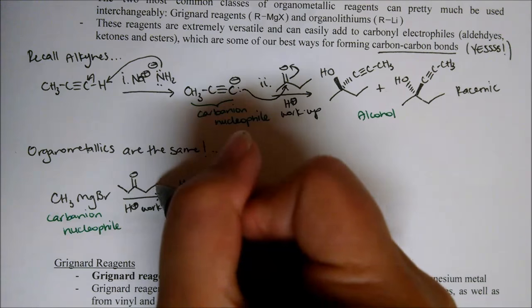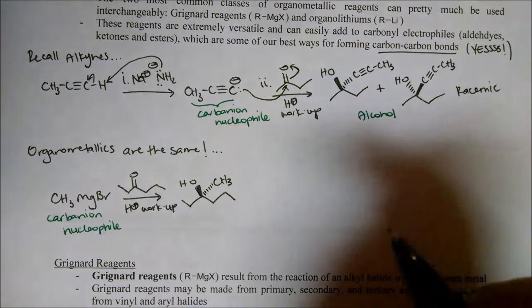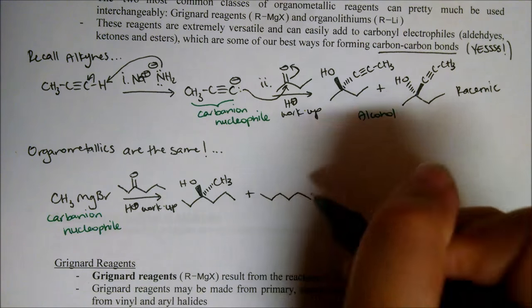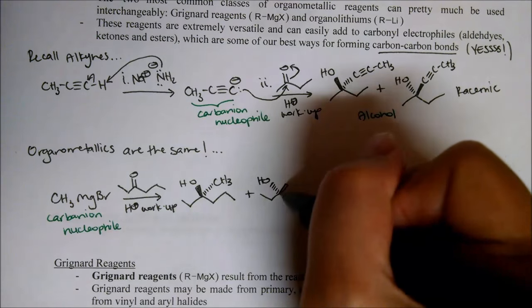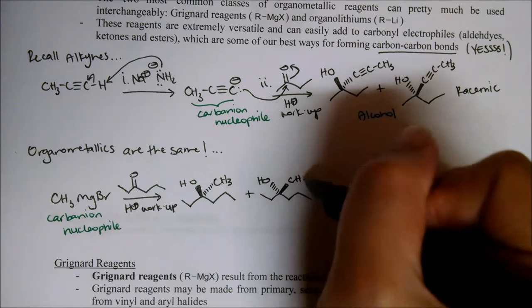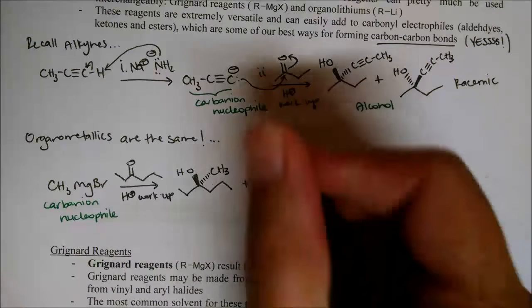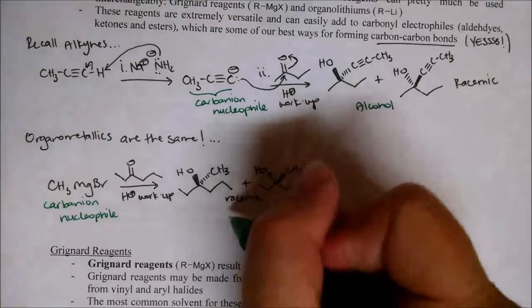Here we go. Now it's enantiomeric. Now it's chiral. Plus, we can attack from the front, pushing that alcohol back. Okay. Awesome. And of course, it is racemic, and importantly, it is an alcohol.